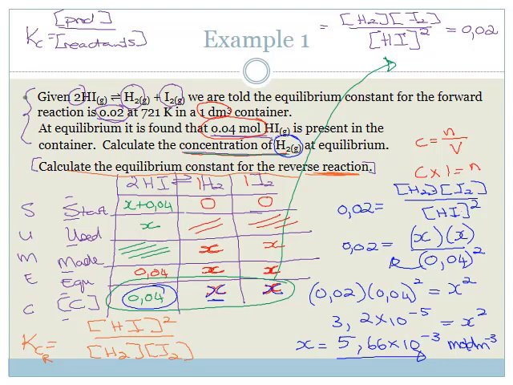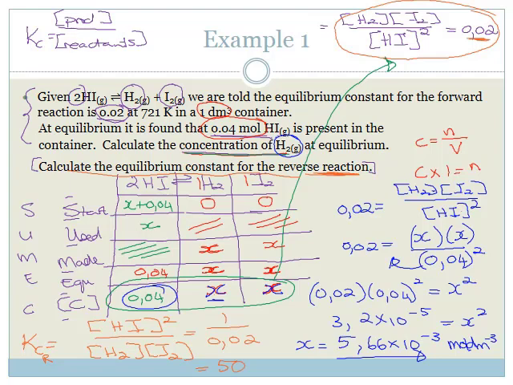But do you agree that the inverse of this is equal to 0.02? Therefore, this has to be equal to 1 over 0.02. So we can just pop it in our calculator: 1 divided by 0.02, and we end up with 50. So therefore, the Kc for the reverse reaction is 50.